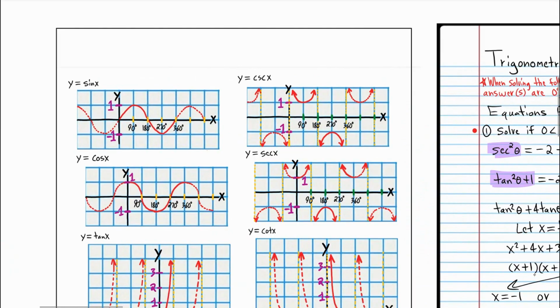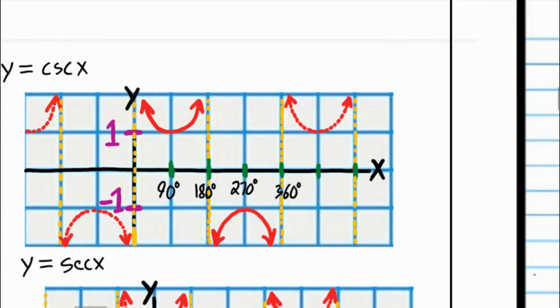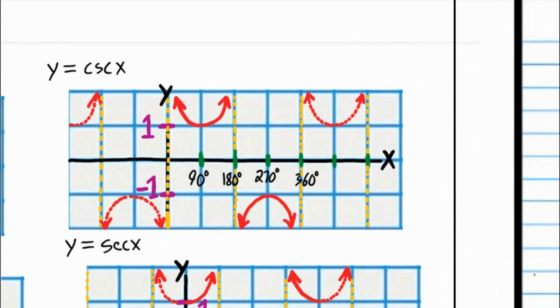So we want to know the points on the cosecant red curve that have y values equal to 1. Of course, that would be here and here. So we have 90 degrees, and then if we add 360, we get to the next angle.